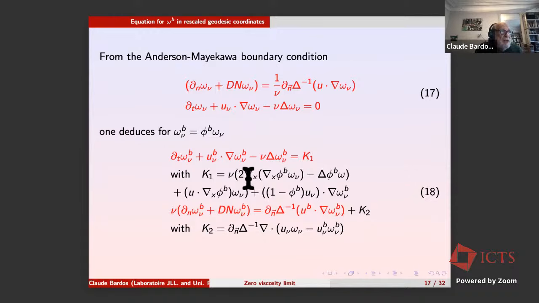Here is the remainder, which hopefully will be harmless. The same for the Maekawa boundary condition, because on the boundary phi_b is equal to 1, so this is omega nu. So you have a parabolic equation inside with remainder, and an equation with remainder. This system I call 18. Okay, so I want to compute 18.